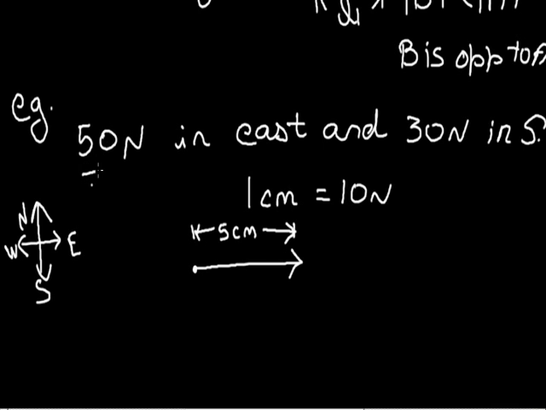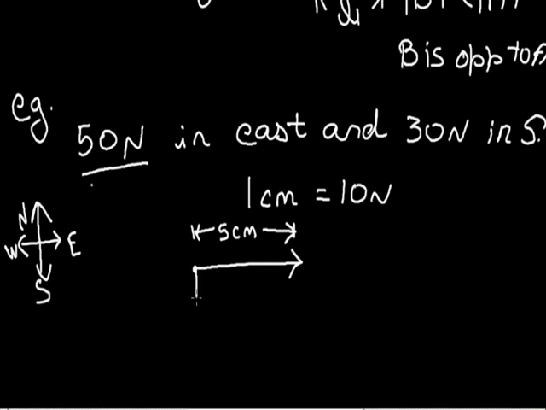Okay, this is in east direction and this is 5 centimeter, and 1 centimeter is equal to 10 Newton, then 5 centimeter is equal to 50 Newton, and it is in east direction. So this is the representation of 50 Newton in east. Now I have to represent 30 Newton in south.